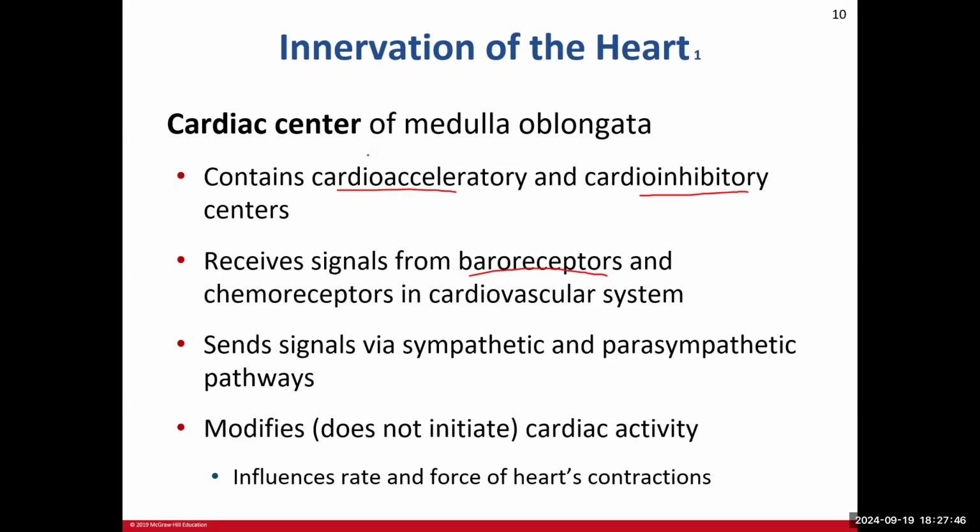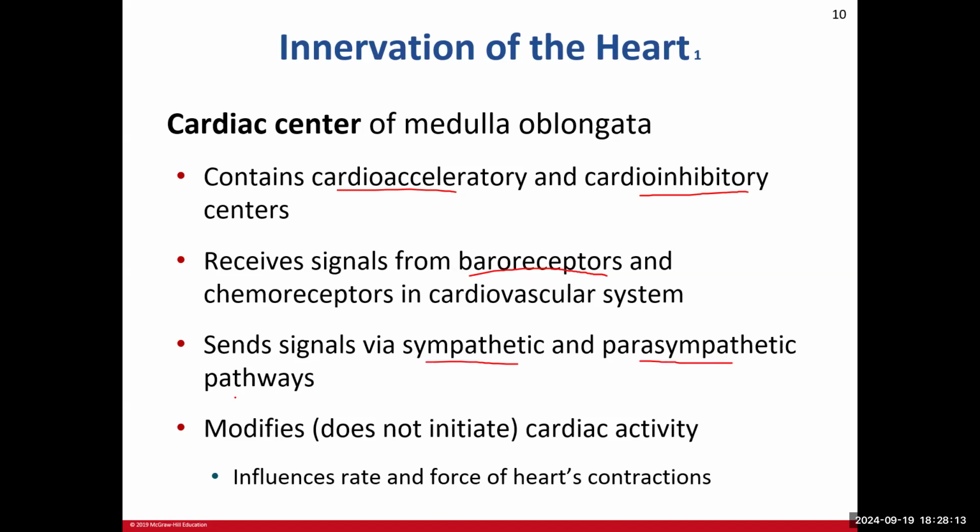Remember the lower motor neurons and the upper motor neurons and all that stuff, right? So we're going to then send that information out through either the sympathetic or the parasympathetic division, depending on if we want to speed the heart up or slow it down. Right, so again, and I'll go through this. I'm just kind of hopefully trying to reawaken some of those memories that you had back in chapter 15, right, when we were talking about the autonomic nervous system there.